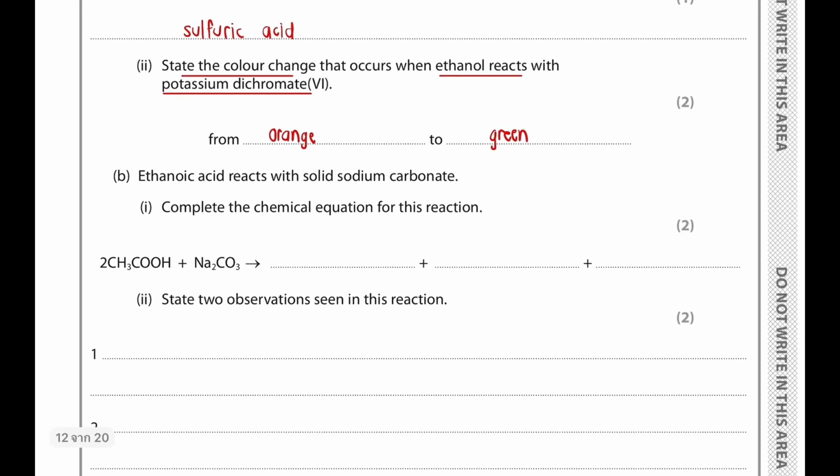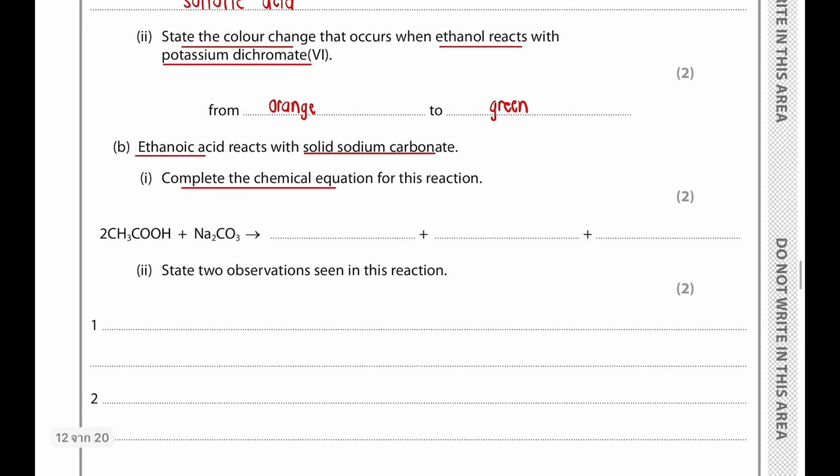Question B. Ethanoic acid reacts with solid sodium carbonate. Complete the chemical equation for this reaction. Okay, so we will get sodium ethanoate plus carbon dioxide plus water.